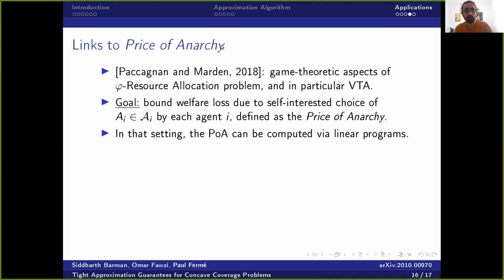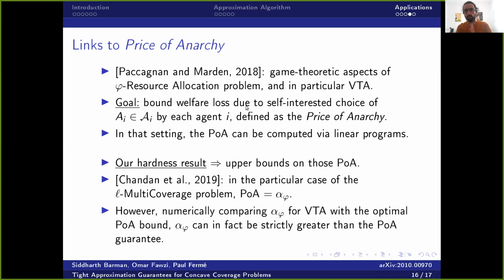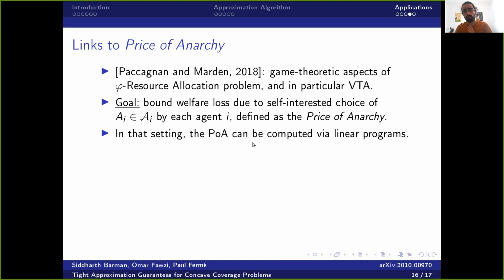And so in the setting of the resource allocation problem, the value of the price of anarchy can be computed by linear programs. So this was the result by Paccagnan and Marden. And the price of anarchy gives some approximation ratio for an algorithm. Indeed, in most settings, one can achieve this ratio in polynomial time, in order to find some Nash equilibria.